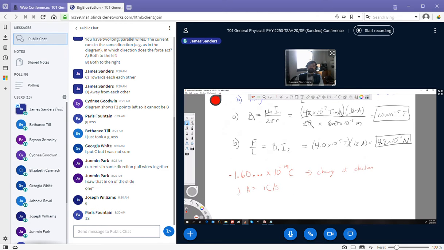So that just follows from whatever the definition of a coulomb is. It turns out that we actually have these two definitions backwards from each other. Really we should be defining an amp first and then using that to define a coulomb.